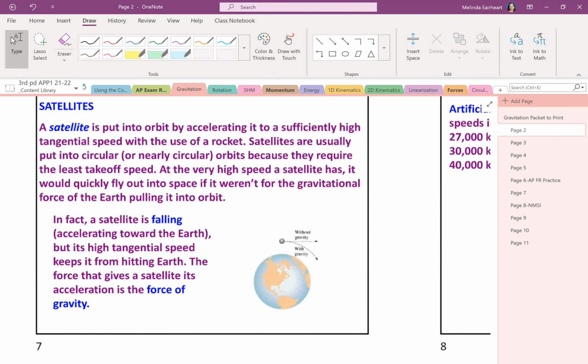What if it speeds up too much? What if we miscalculate and we enter a speed greater than what we'll call orbital speed? Say goodbye. What if we miscalculate and the speed of that satellite is less than what it should be?